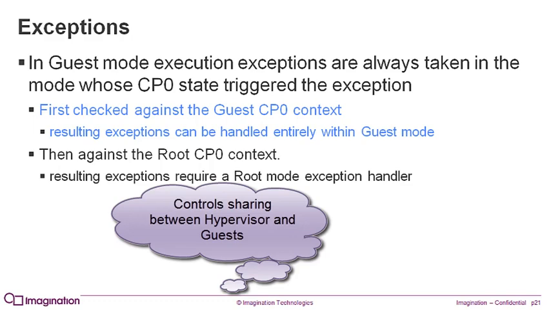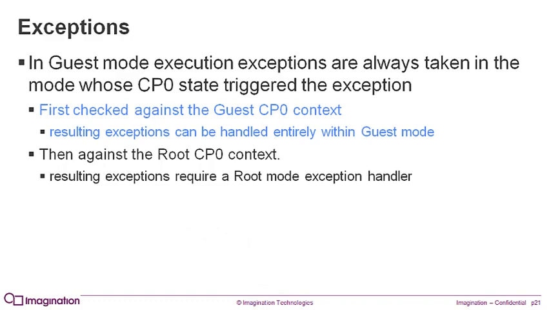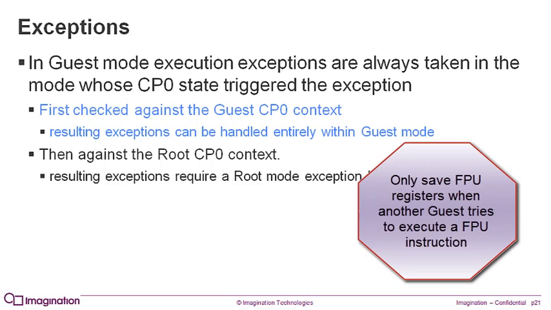The hypervisor needs only to save and restore the FPU registers if an FPU instruction is actually used. In this case, the root exception handler will save the current FPU registers to the guest context that last used them and then restore the FPU registers for the current guest.